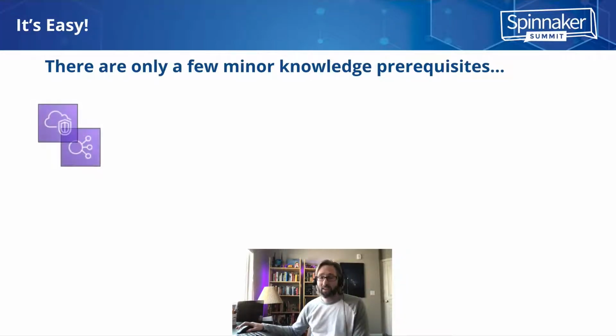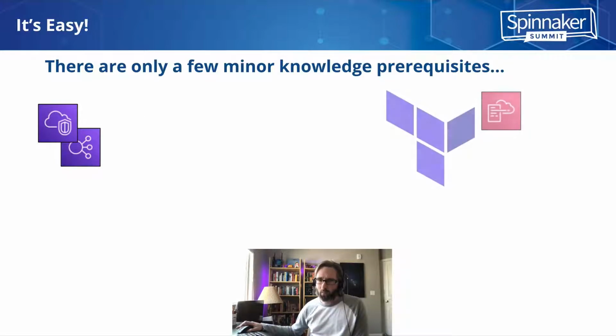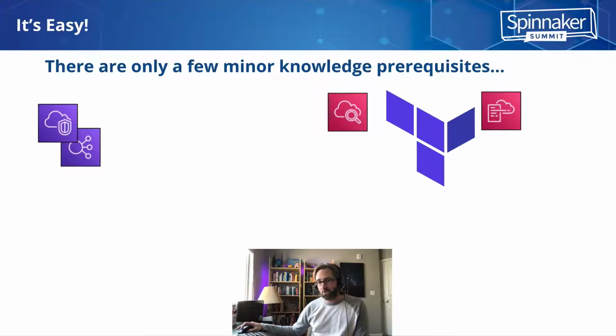First things first, if you're going to be working within AWS, it's useful to have some understanding of AWS VPC networking and load balancing. Also, if you're going to make it repeatable, it's useful to have some knowledge of some infrastructure as code toolchains like CloudFormation and Terraform. In order to effectively monitor and observe our infrastructures and our Kubernetes clusters, we should also have some understanding of insights toolchains like CloudWatch.